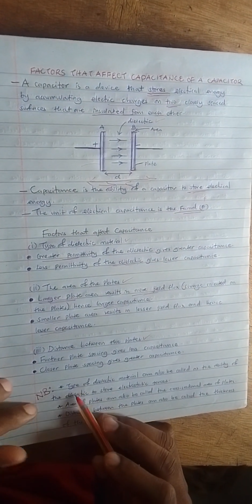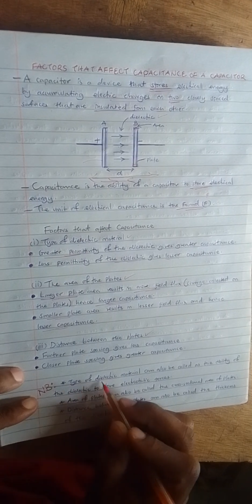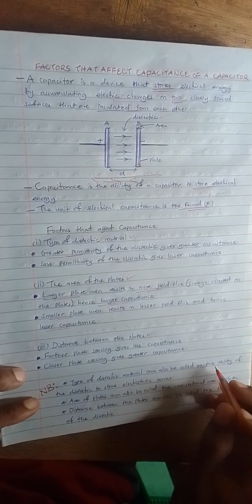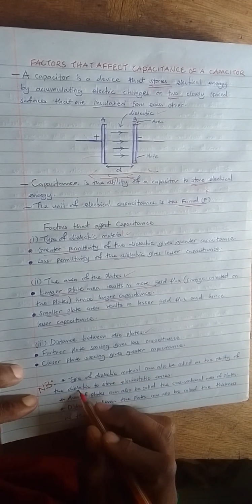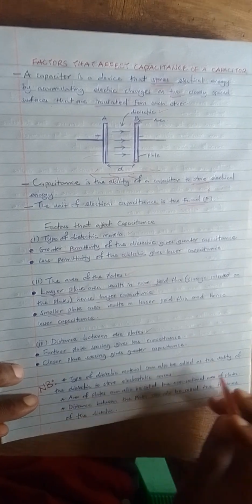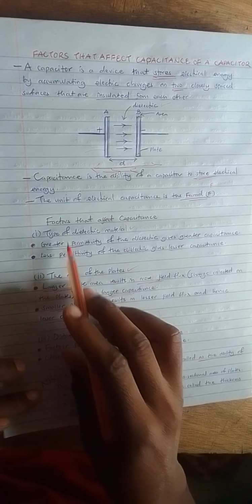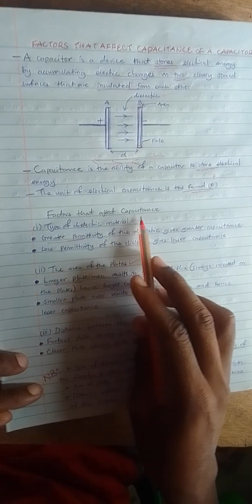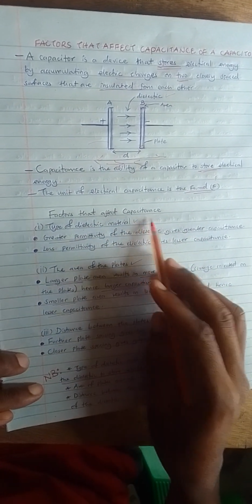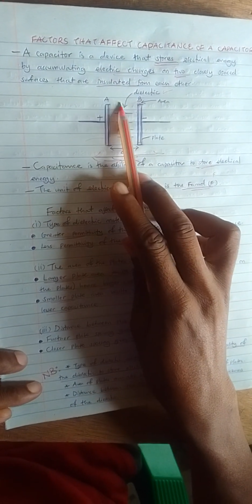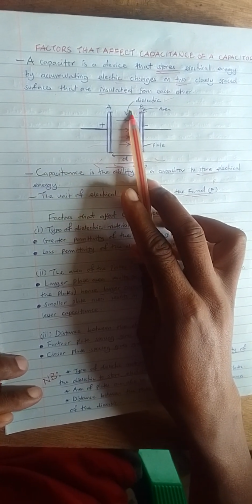So we have a note here, take note. The type of the dielectric material can also be called the ability of the dielectric to store electrostatic forces. So instead of saying type of the dielectric material, you can also say the ability of the dielectric material to store electrostatic forces.